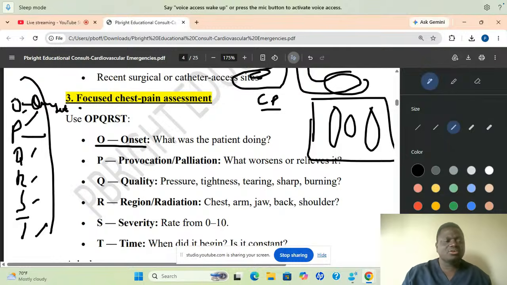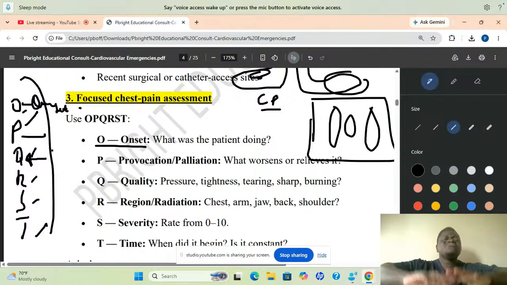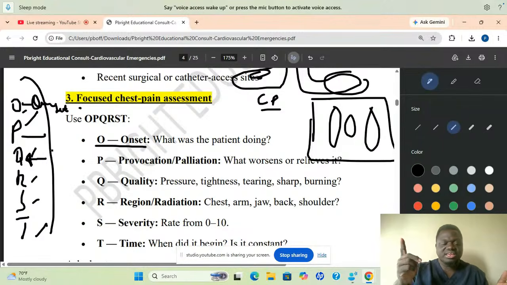Then the Q is the quality of the pain. You nurses know you should describe the quality of pain. Anytime a patient complains of pain, you can use this algorithm for every pain management in this world. Some will say, I have dull pain, sharp pain, numb pain, aching pain.